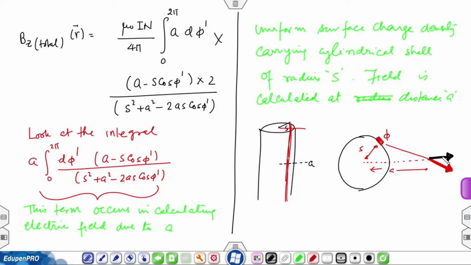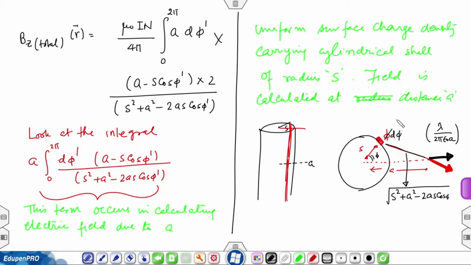And I know if I calculate the total field due to this, it is nothing but lambda over 2 pi epsilon 0 A. That much I know, but if I calculate it through the integral, let us see how much it will come out to be. The distance from that line to the point is square root of S square plus A square minus 2 A S cosine phi. This angle is phi, this is d phi.